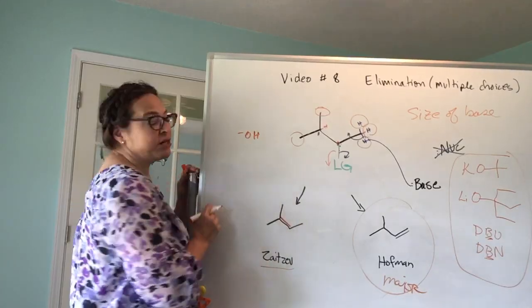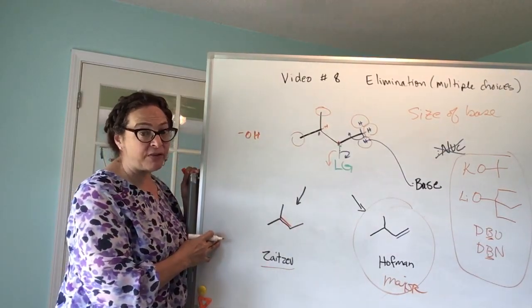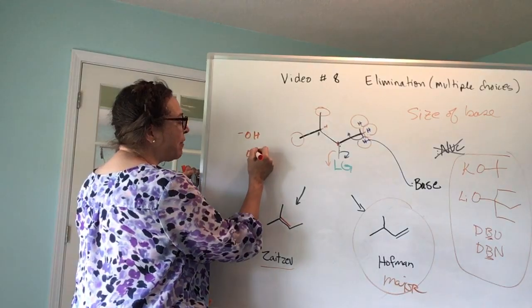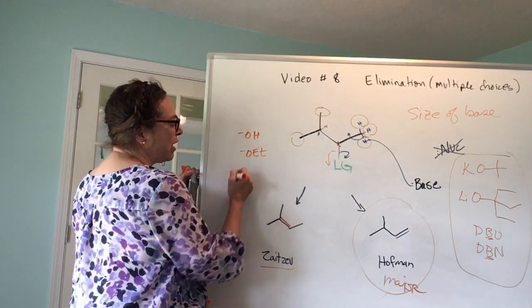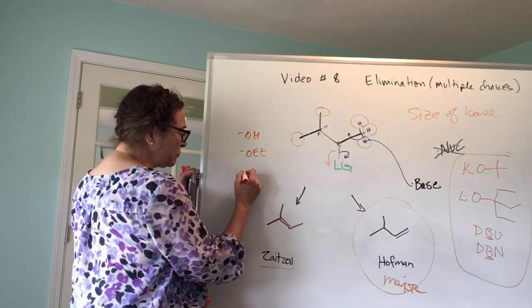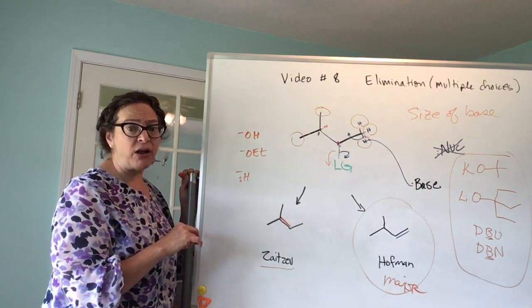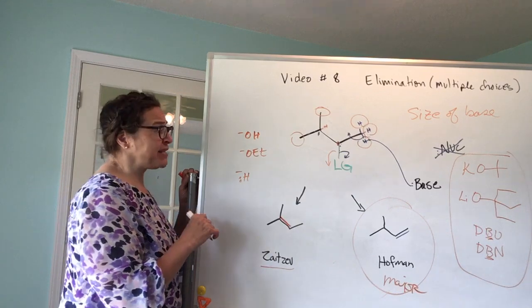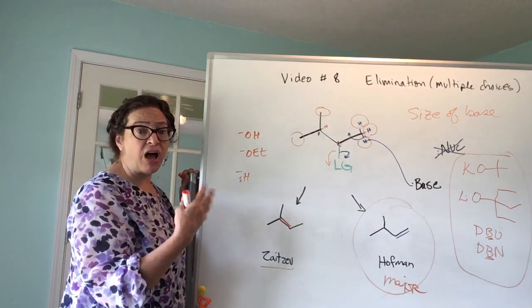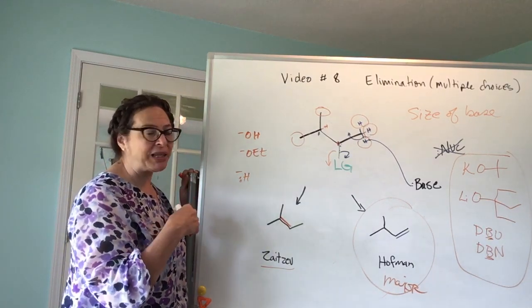Well, the classic one is an OH. You can't get much smaller than that. But other ones, OET, hydride, these are always really small and specific bases that are going to remove a hydrogen from a very tight place.